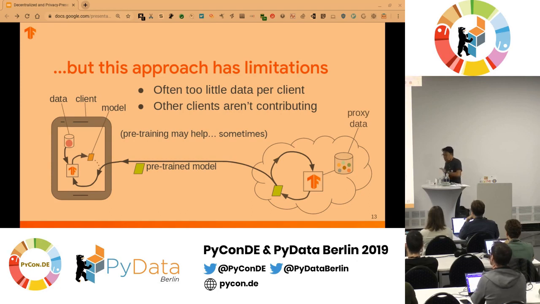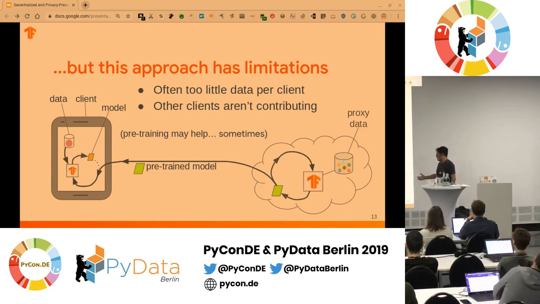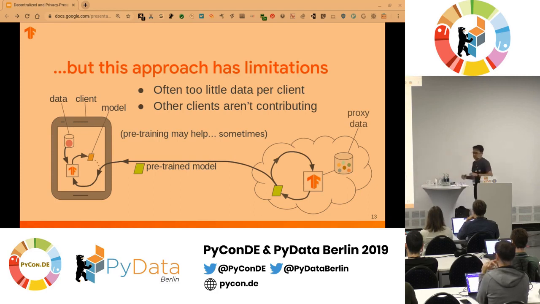But let's say if I hand wave on that, and you have access to some proxy data, then you can train the model in the cloud or in some remote location on a server. And then once you have trained that model, you can push that pre-trained model, and now the device can take from there. But still, there is no collaboration, right? It's basically one centralized pre-trained model that the devices improve on, but there is no feedback mechanism, there is no collaboration.